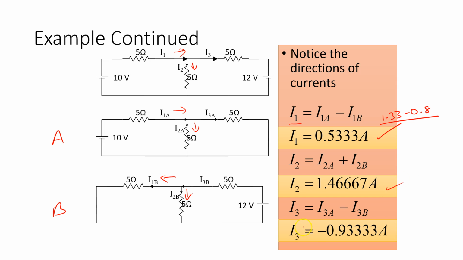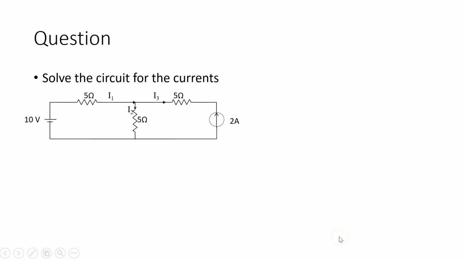And the last one, I3: you'll see I3 is in this direction, I3A in the same direction, I3B was in the other direction, so it's I3A minus I3B, and that gives us 0.933 amps.